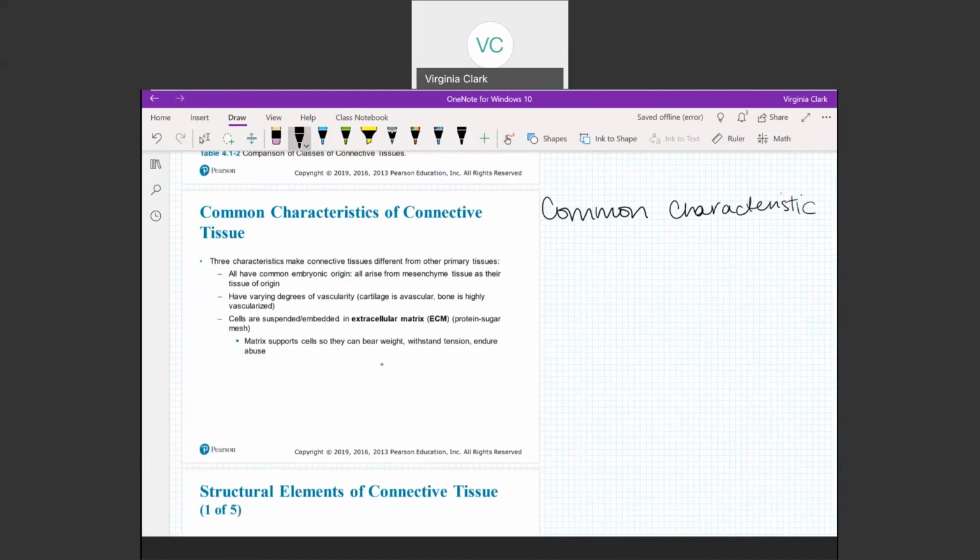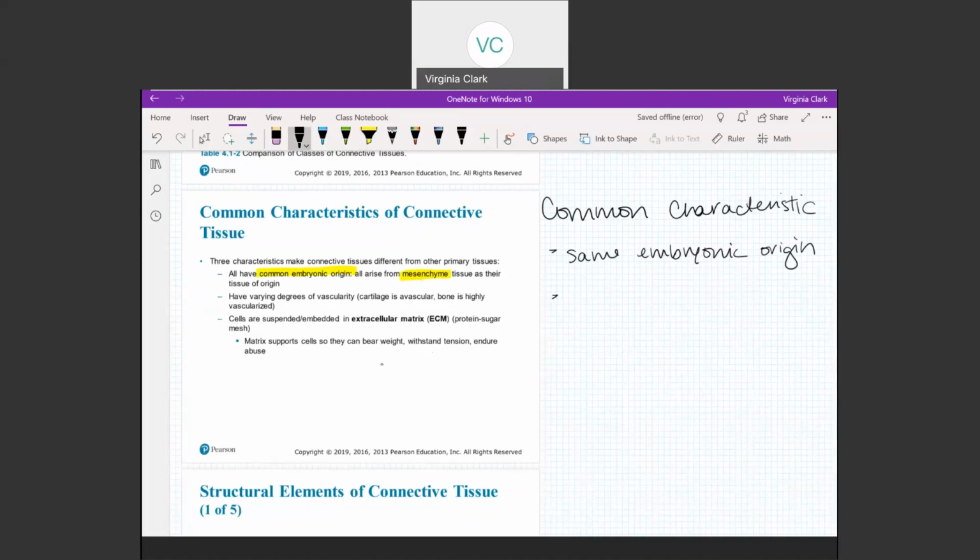The first one is that they all have the same embryonic origin, meaning after fertilization of the egg, as the embryo starts to divide, it divides into 3 different layers. Connective tissue comes from the same layer, from the mesenchyme tissue. Essentially, they all have the same heritage, so that puts them in the same category.